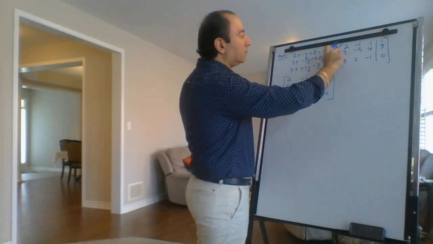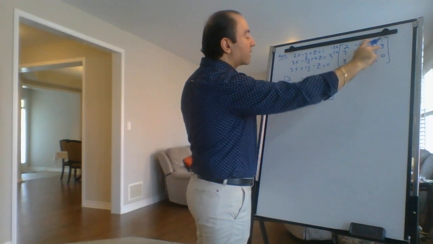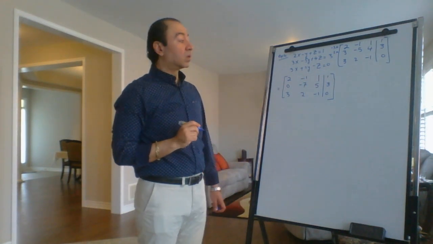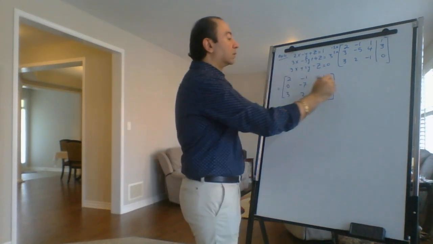Then the last thing, negative 3 plus 6 is 3. Okay, so that's what we get in the second row now.